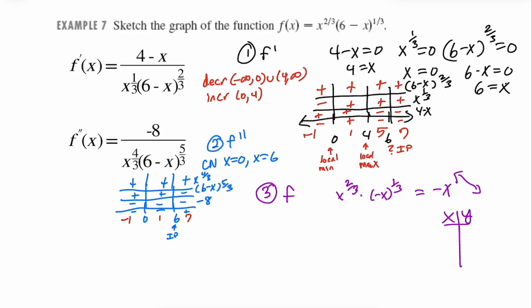What other things do we need? I see things happening at 0, 4, and 6, so I better plug in 0, 4, and 6. Well, 0 is at 0. 0 is an xy intercept. 6 is an intercept, so we don't have to search for the intercepts. What happens at 4?